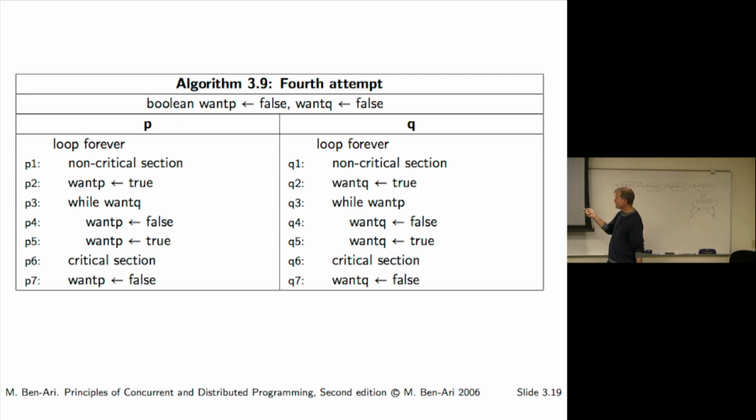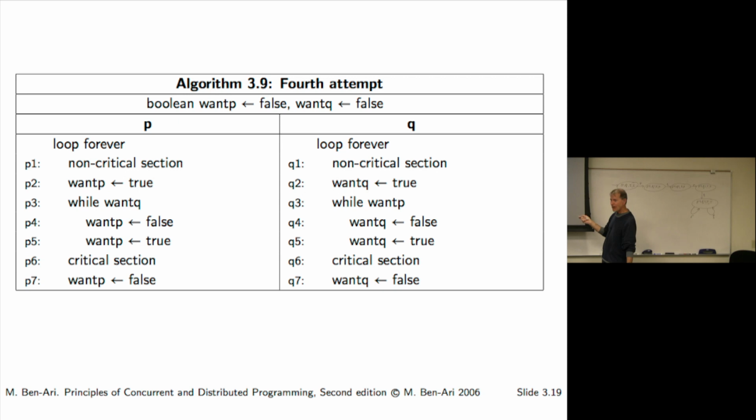First of all, we're going to go back to the want P and the want Q, right? Now, what did we do on our third attempt? We set the want P to true first. Now we're going to say want P gets true, and then we're going to say while want Q.